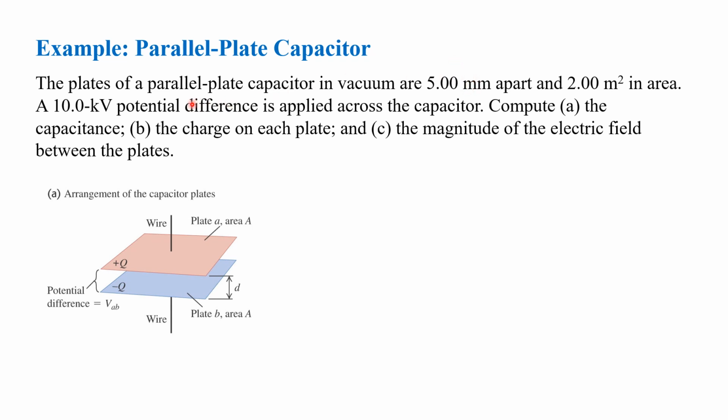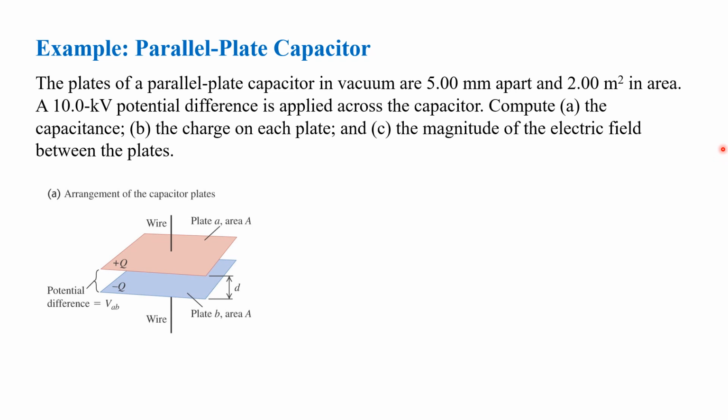A 10 kilovolt potential difference is applied across the capacitor. Compute the capacitance, the charge on its plate, and the magnitude of the electric field between the plates.